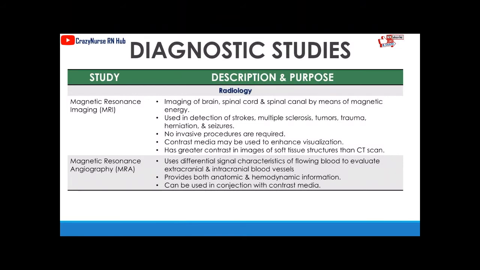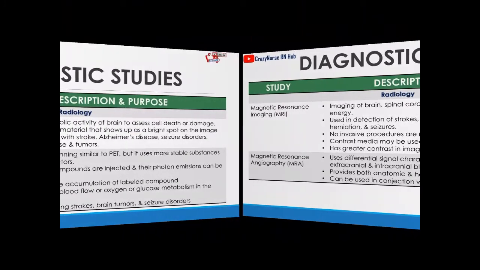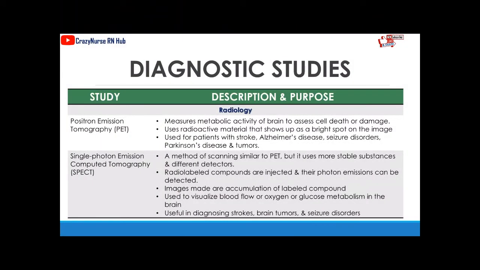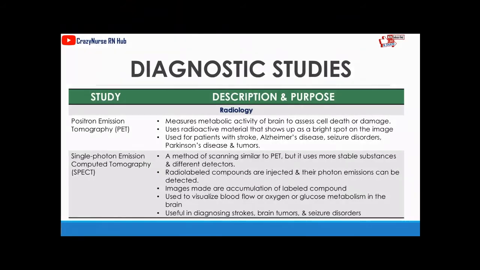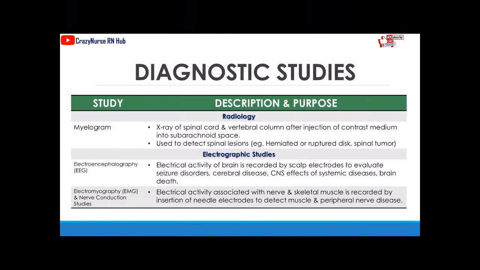In addition to radiology, we also have your magnetic resonance imaging or MRI and magnetic resonance angiography or MRA. Also, we have your positron emission tomography or PET scan and single photon emission computed tomography or SPECT. And lastly, we have your myelogram.